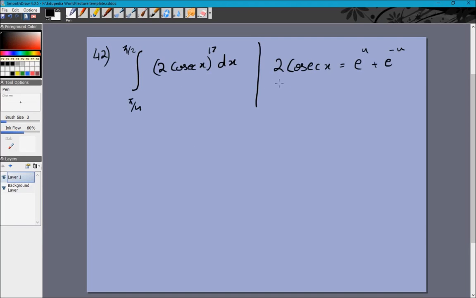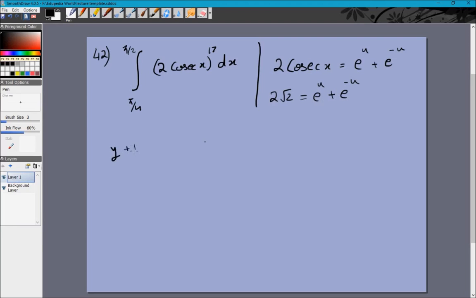Right. So in this case, if x is pi by 4, cosec x is root 2. So 2 cosec x is 2 root 2. So if you have the equation 2 root 2 is equal to e to the power u plus e to the power minus u, let's just take for a second e to the power u to be y.